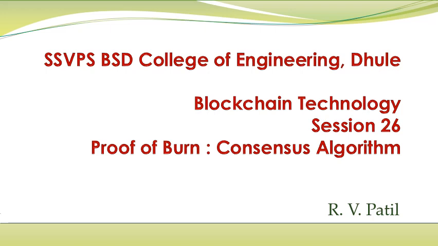Then the next algorithm that we have studied was proof of stake. What is the concept of proof of stake? In proof of stake, we don't use the word miner. Instead of miners, there are validators. In proof of stake, validators propose a block, and the node that holds the larger currency, the larger stake in the network, gets a chance to propose a block.